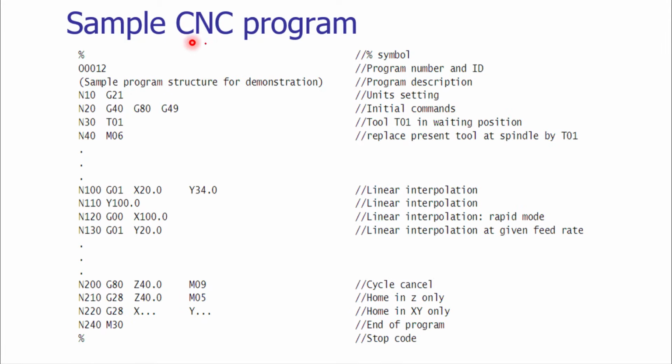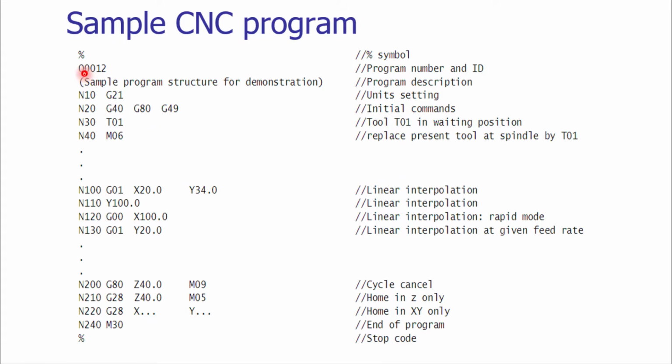A typical CNC program can be seen on your screen. It starts with a percentage sign, and that marks the start of the program. The controller will look at the percentage sign and accordingly start executing the program. Each program has a number and ID. Here the number and ID is O0012.